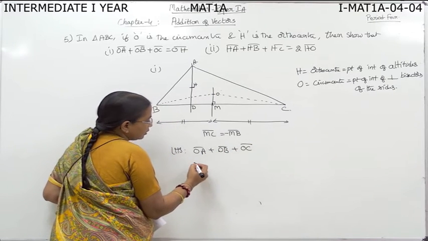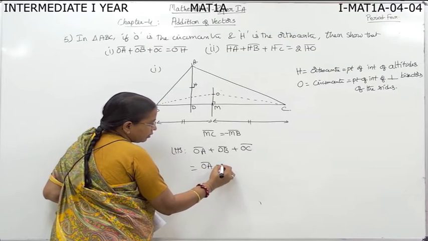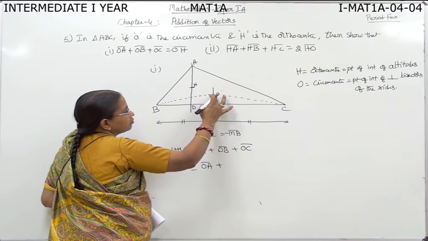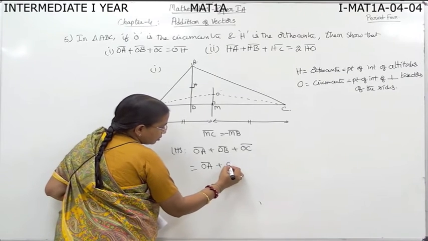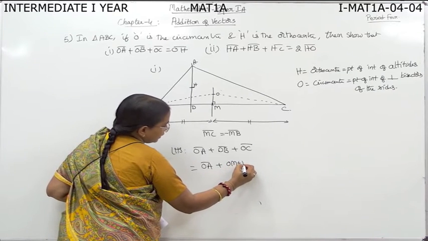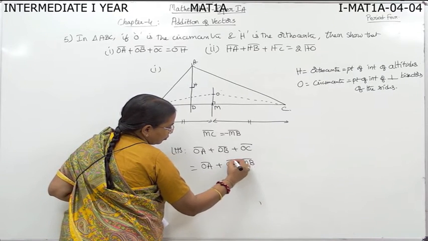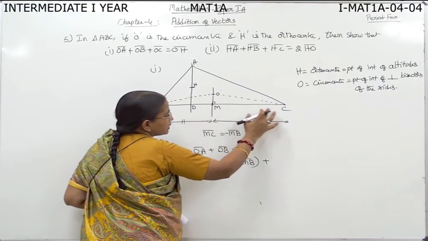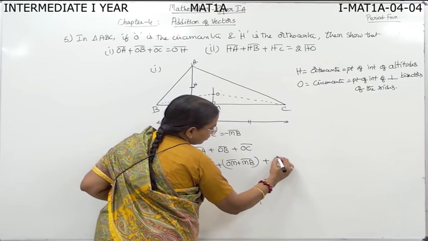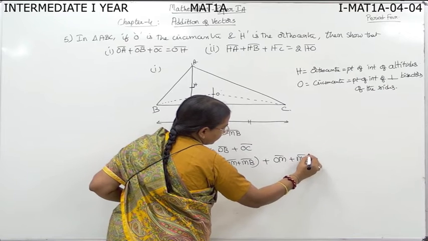Okay, so OB we will write as OM plus MB according to the triangle law. So it is OM plus MB. And then OC is OM plus MC.